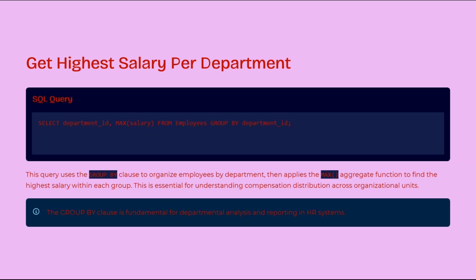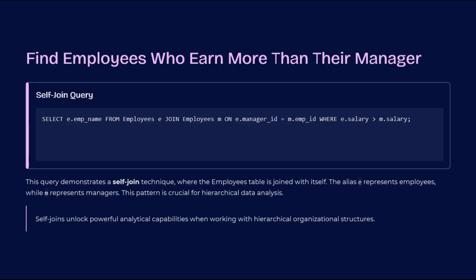The query uses the group by clause to organize employees by department, then applies the max aggregate function to find the highest salary within each group. This is essential for understanding compensation distribution across organizational units. The group by clause is fundamental for department analysis and reporting in HR systems.